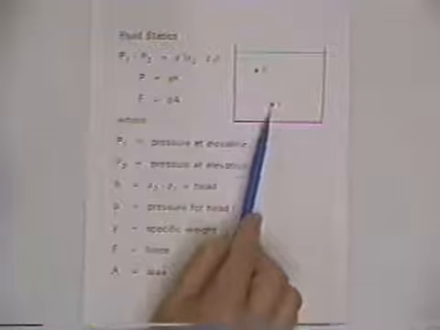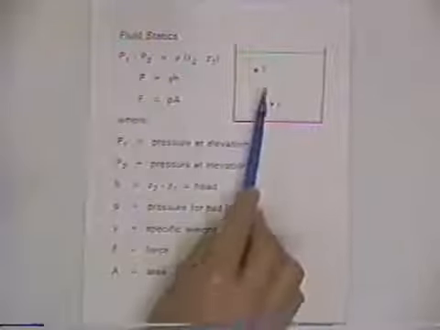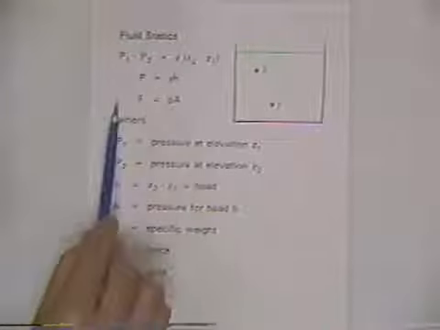And so if we let Z1 and Z2 just be the elevations, and the difference in elevation being H, which we call the head, then the pressure is just the unit weight of the fluid times the head between the 2 points. We may also want to deal with forces, and a force is just a pressure times an area. And so those are the basic expressions that we work with in fluid statics.